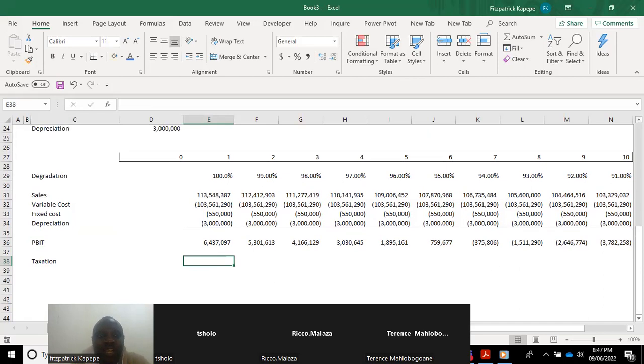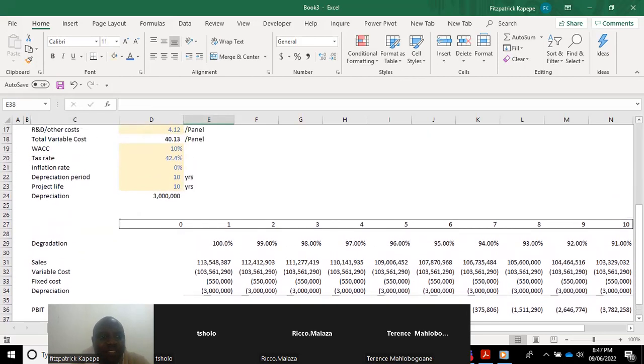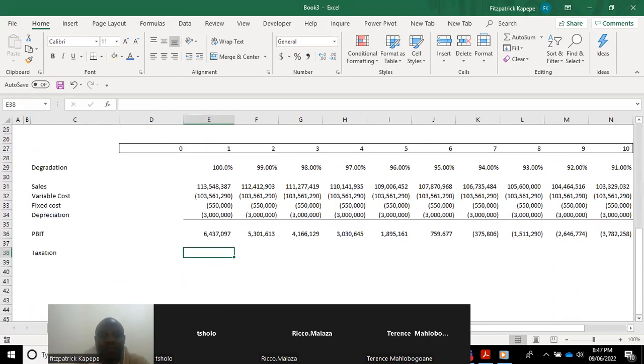Taxation: we have been told the tax rate is 42.4%. So say equals, and here again you need to be very careful, because where there are losses you are not supposed to pay income tax. So you only pick the maximum.